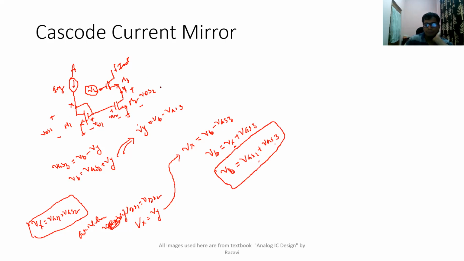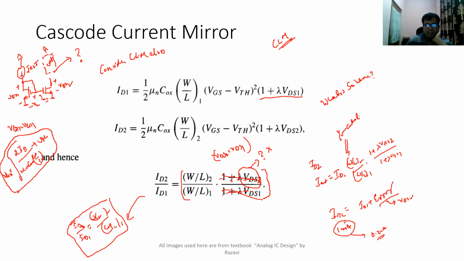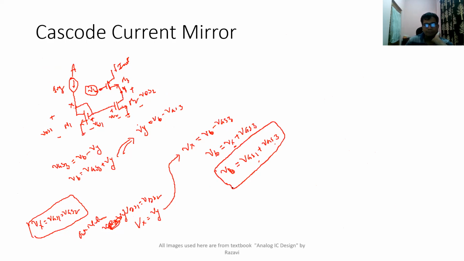Therefore, you will be able to cancel this channel length modulation effect, and you'll be getting only ID2 by ID1 equal to (W by L of 2) by (W by L of 1). Now the question is that calculating this VB and using a resistor bias to get this value is very difficult. So we need to look for ways to automatically generate this VB.